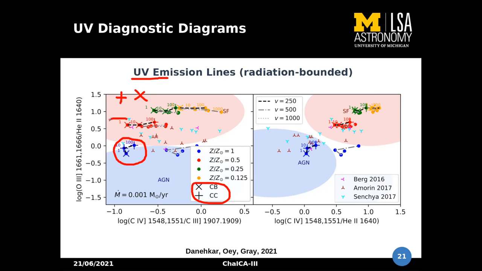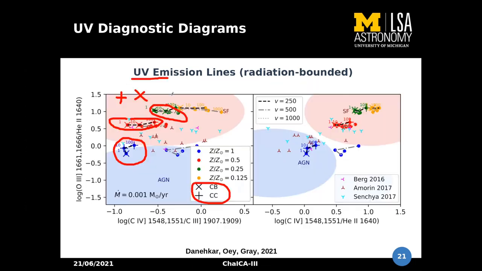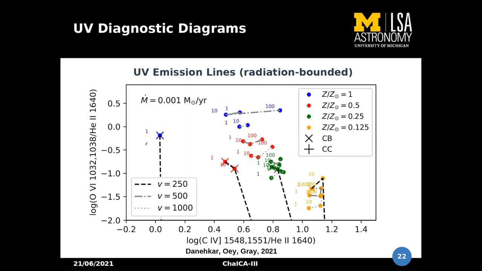So using the UV diagram, not the optical BPD diagram, but the UV diagram, we may be able to distinguish between those adiabatic without cooling and those with radiative coolings.